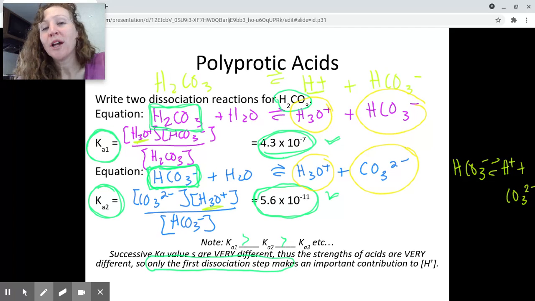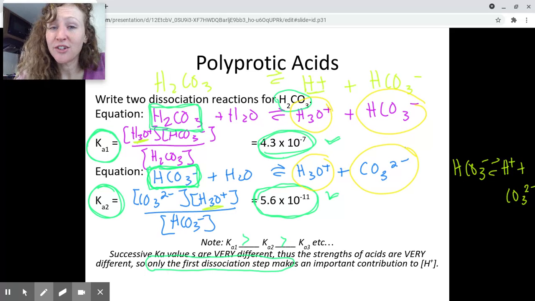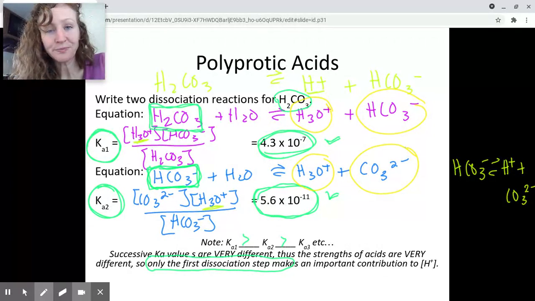So walking through this and figuring out how many of those ions you have and what the concentrations of all of them are is a really good exercise to push yourself and figure out, do you really understand how these ICE charts and Ks function?